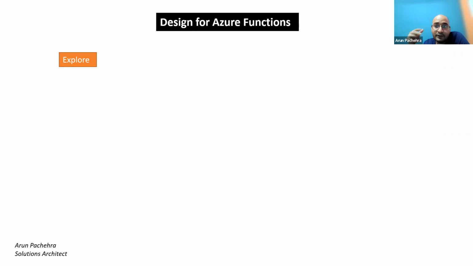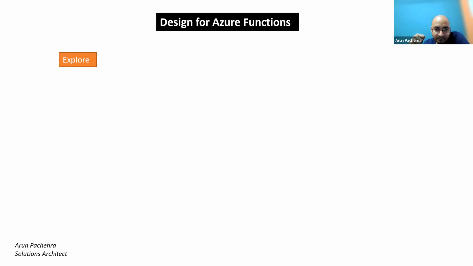Functions provide compute on demand in two significant ways, like serverless or non-serverless. Yes, it's not always serverless. You can choose your compute prior to developing the code. What I mean by that is you can run in a different hosting plan instead of the consumption plan.